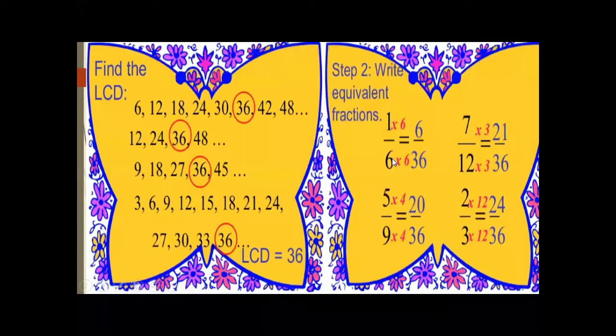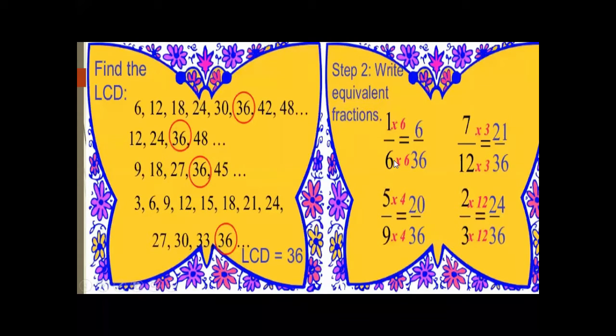So if I multiply 6 by 6, I get 36. Since I have multiplied the denominator by 6, I must multiply the numerator by 6. 1 times 6 is 6. Why have I multiplied 6 with 6? Because I have to convert all denominators equal to 36.